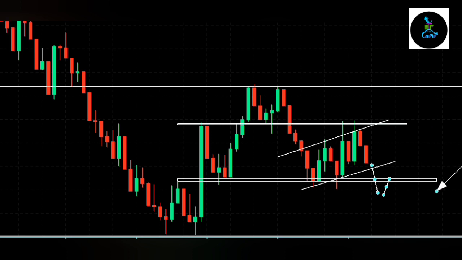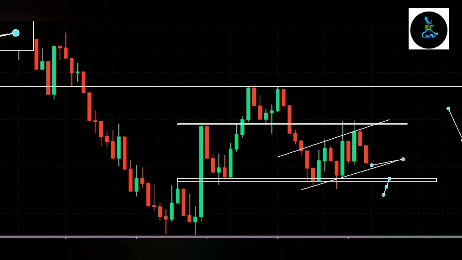We are expecting the market to go this way. So guys, once the market breaks down our support, you are expected to enter the market and place your TP at our major support level.